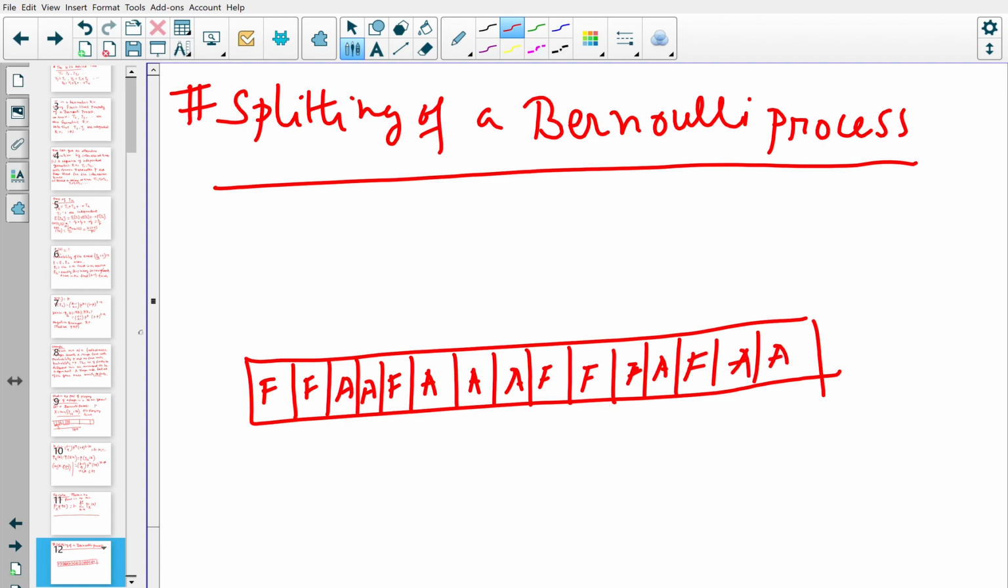This is with probability p. P is the probability of arrival at any discrete time, and the complementary probability 1 minus p is that of not an arrival. Suppose, for example, this is the arrival of email into my Gmail inbox from the IIT Ropar domain.